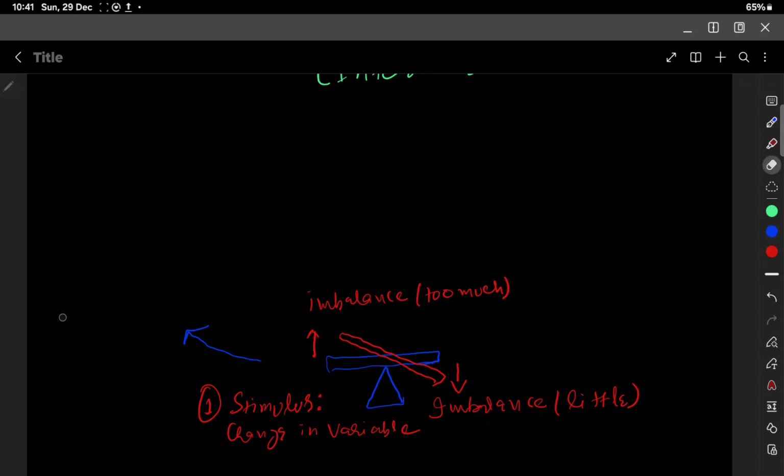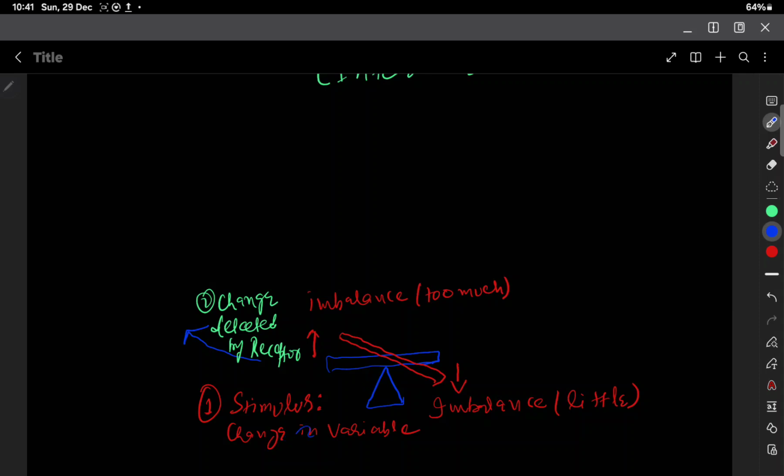The change is detected by a receptor. So first everything was in balance.